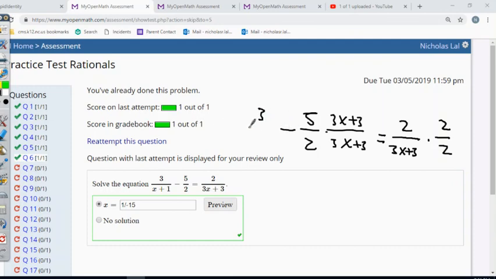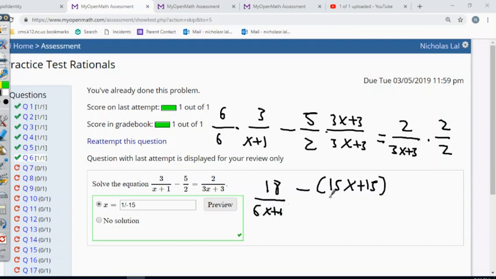Minus 3 over x plus 1 times 6 over 6, and this should give me 6 times 3 is 18, minus 5 times 3x plus 3, so minus 15x minus 15. 6 times x plus 1 is 6x plus 6, and 2 times 3x plus 3 is 6x plus 6, which is equal to 2 times 2, so that's 4 over 6x plus 6.